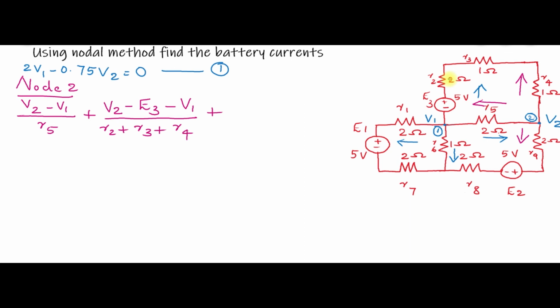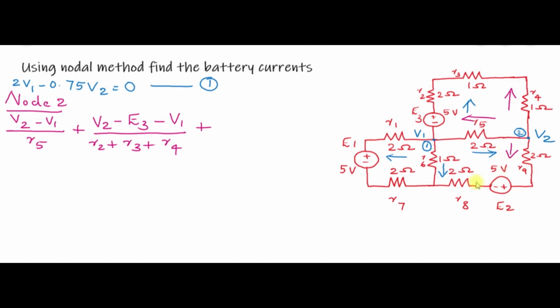Then towards here, V2, also minus E2 because it is positive to negative. My current is flowing in this manner. So V2 minus E2 divided by R8 plus R9.